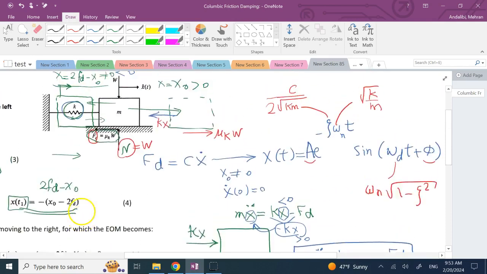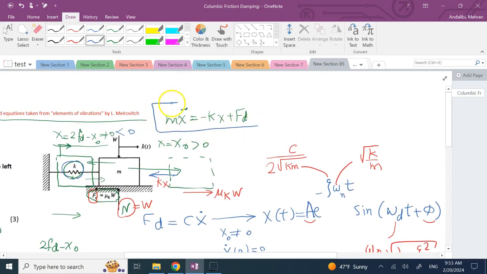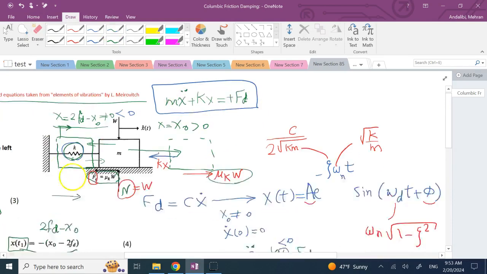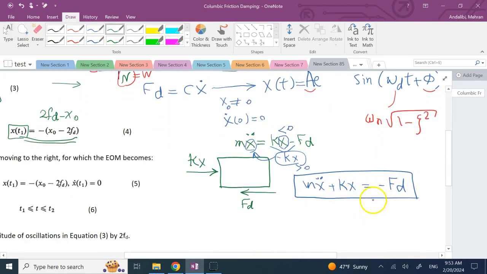And compare this against what we had last time. It was this. Or if I bring the kx to this side, it was this. Remember last time the friction was what? The friction was this way. So last time mx double dot plus kx was positive ft. This time is what? Negative ft.